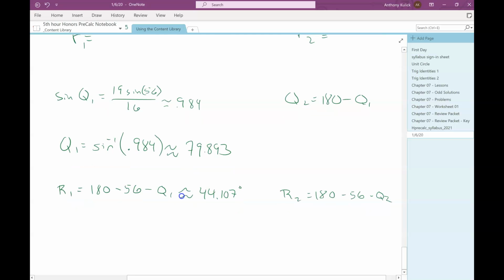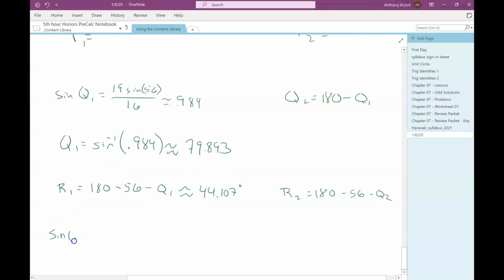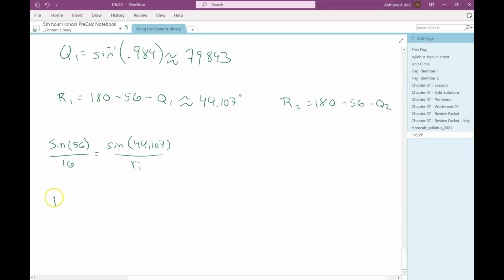And then to find the side R1, well, I'll just use the law of sines again. So I'll do sine of P over P equals sine of R1 over side R1. And when I cross multiply and divide, I get that this is about 13.432.